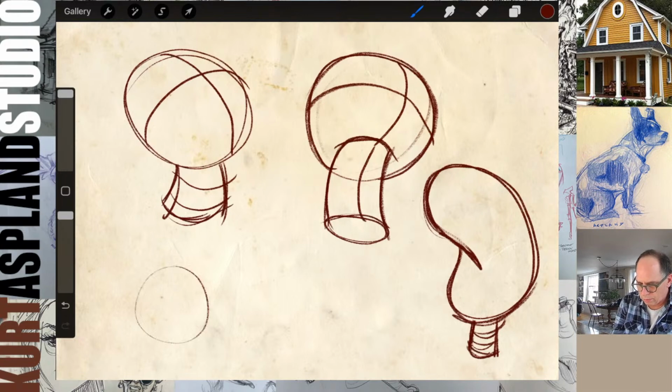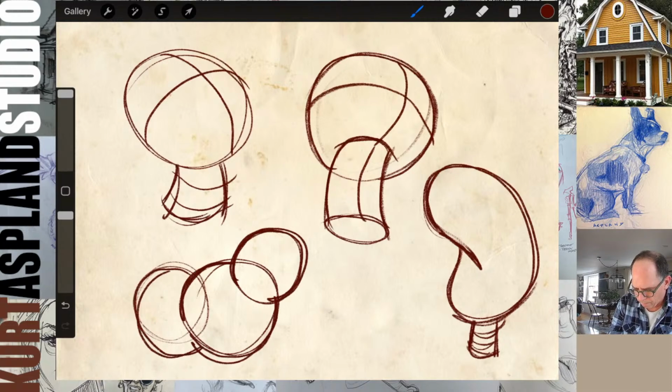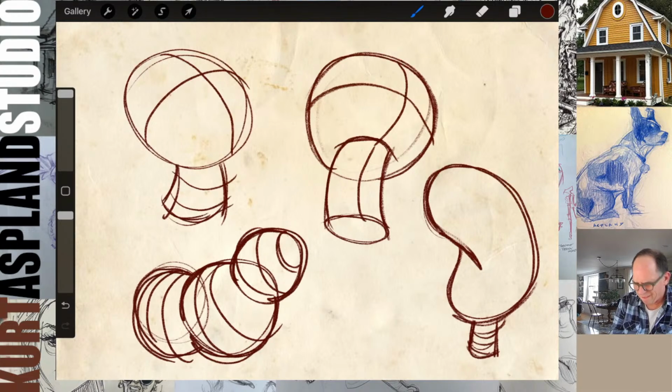What if we had three? Look at this here. What if we had three objects like this? Okay, and so then we would do something like this, where we're combining these three.